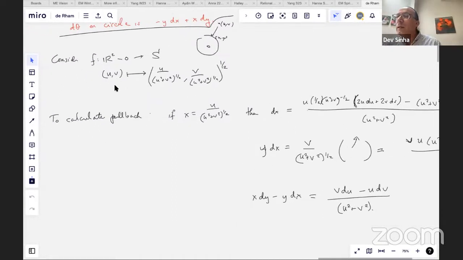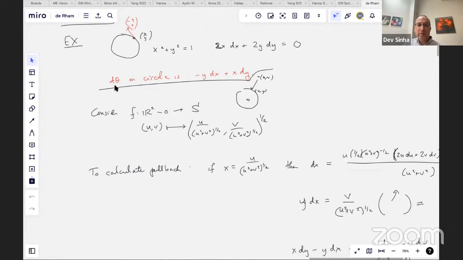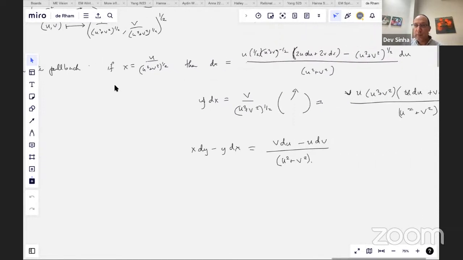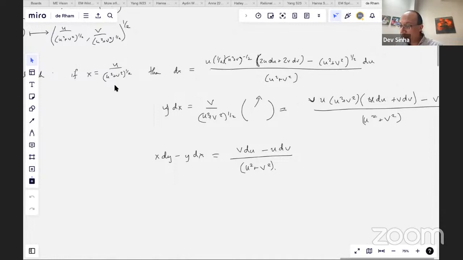Okay, so that's an example I wanted to give. So functoriality helps us establish invariance. Let me just say this is equal to the pullback of x dy minus y dx.